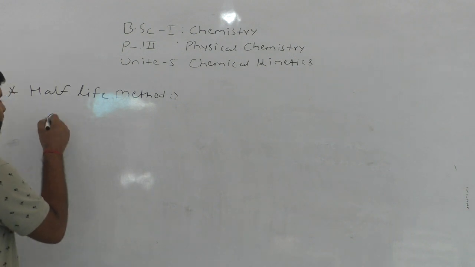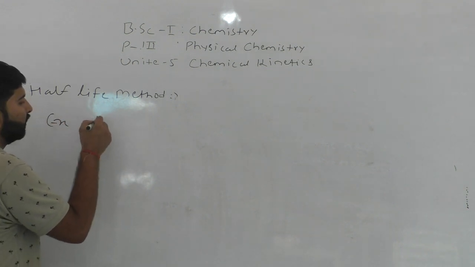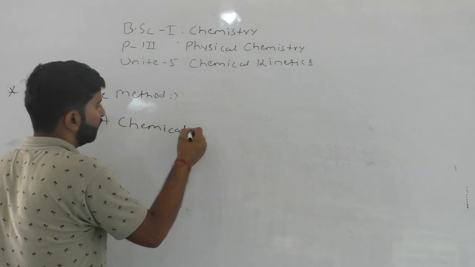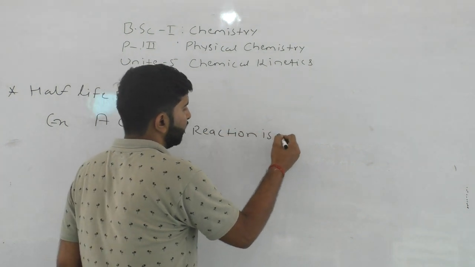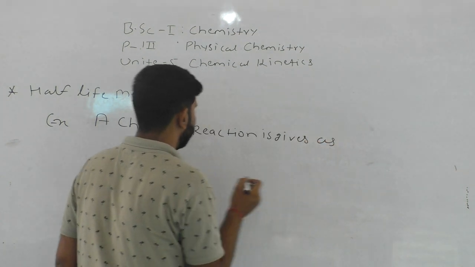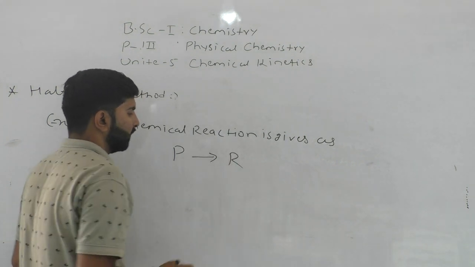Example, a chemical reaction is given as P goes to R product.